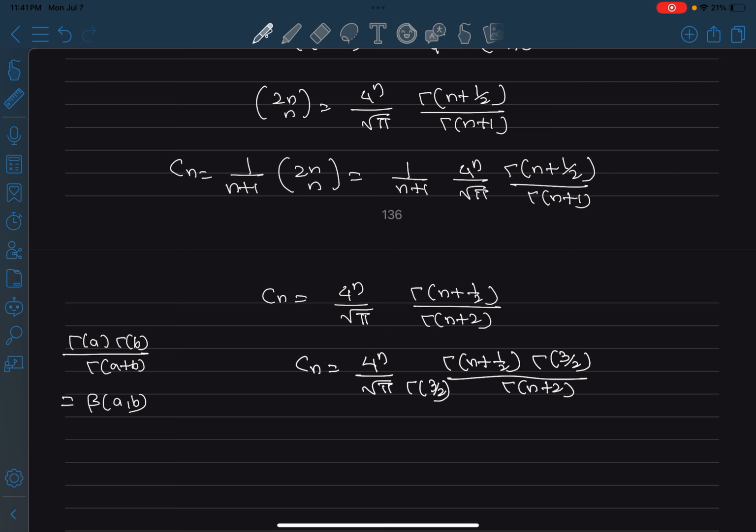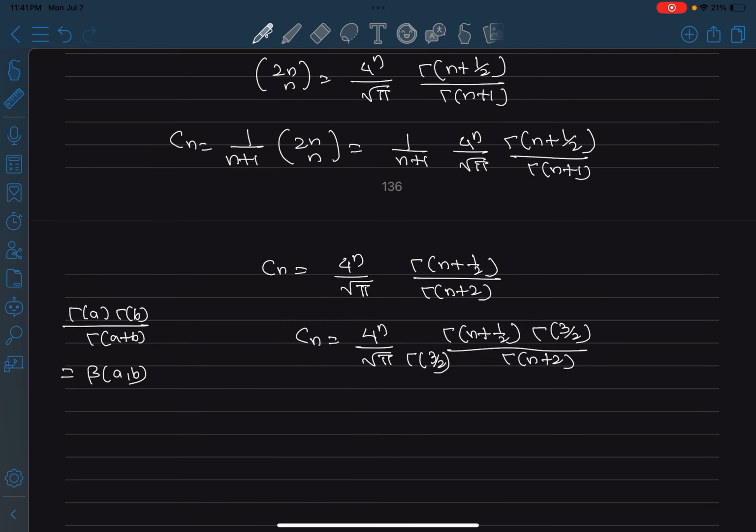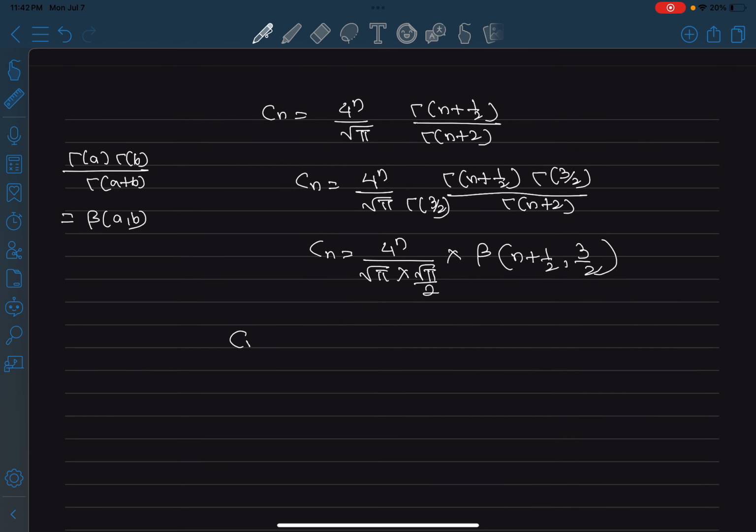So now the nth Catalan's number will be 4 to the power n by root pi, and we know that this gamma 3 half is just root pi by 2, and over here this is now beta of n plus half comma 3 half, right? So now I almost have the integral.